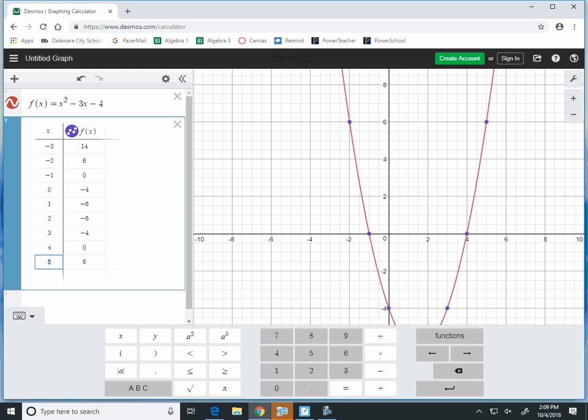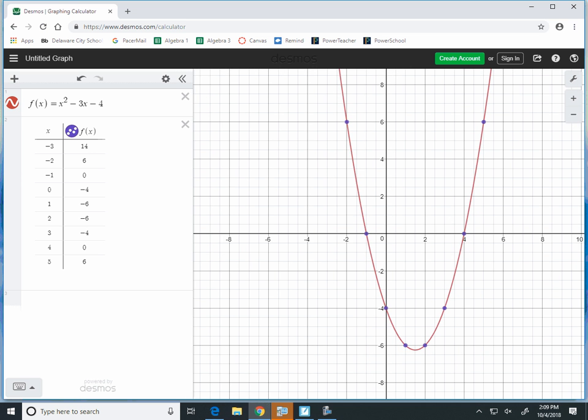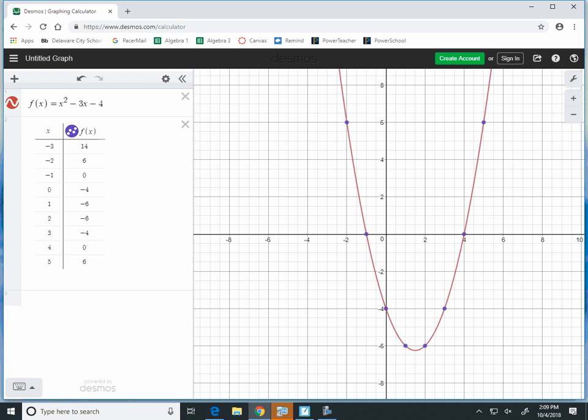Okay, so next question. Where does the graph cross the x-axis? Show me with your arm where the x-axis is at. Yes, this way. It crosses right here. You can click on those points, and they should show up.